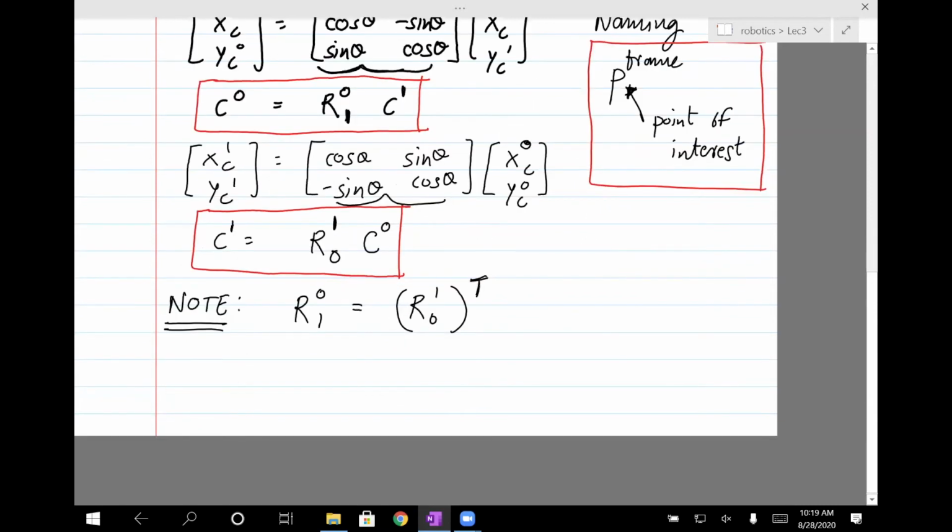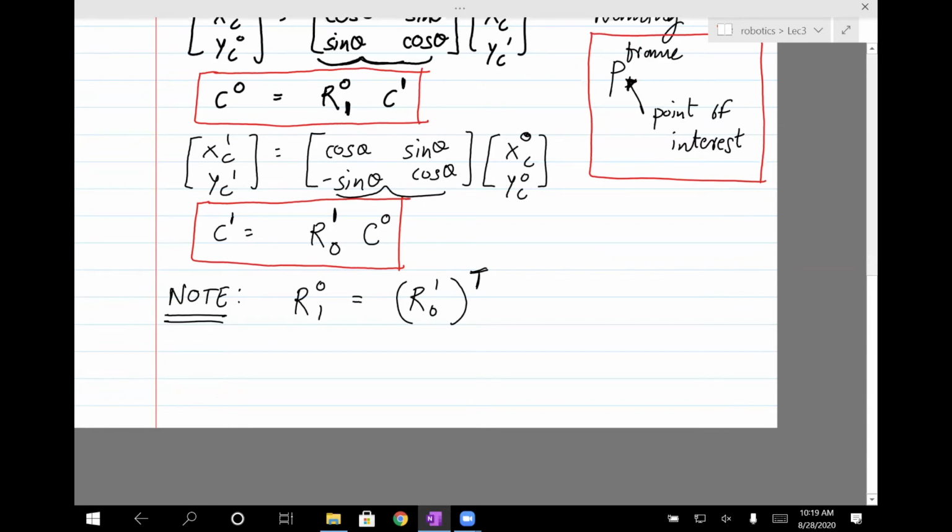There's another property of rotation matrices, which is that R10 times its transpose is the identity matrix. That's basically saying that the magnitude of the rotation matrix is essentially 1. It only rotates objects, but it doesn't scale them, doesn't make them bigger or shorter.